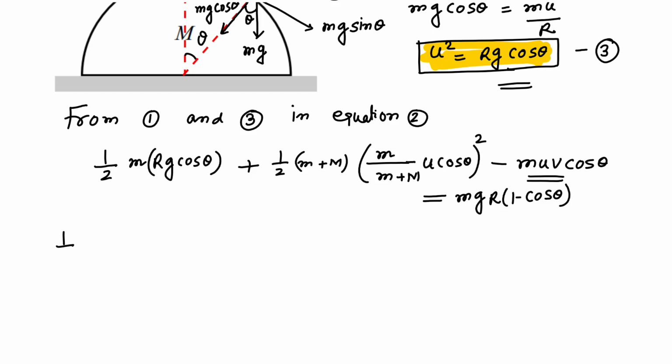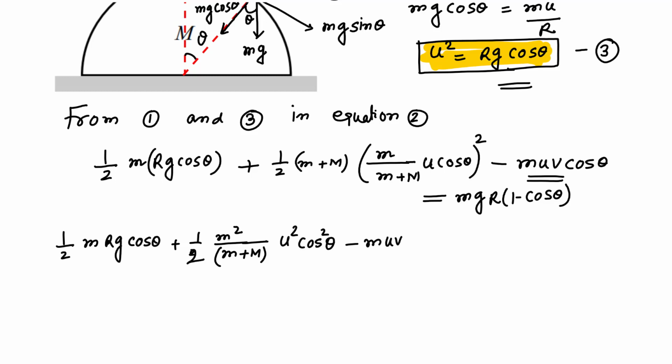So here I will have half m rg cos theta plus half m plus M. So this will simply become half m square, and m plus M will be cancelled, and then you will have u square cos square theta, and minus this term will be muv cos theta is equal to mgr (1 minus cos theta).